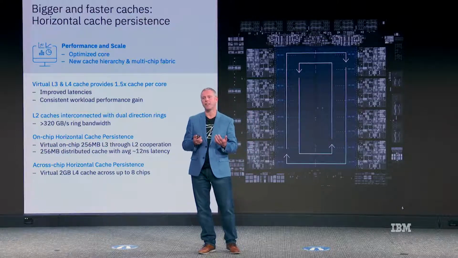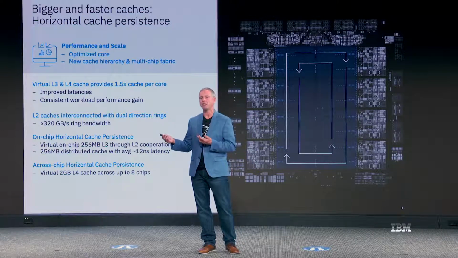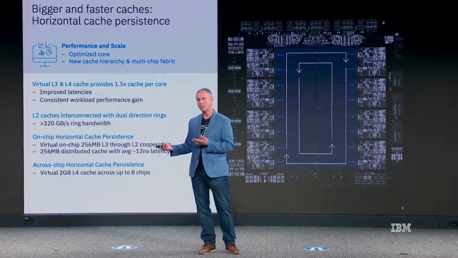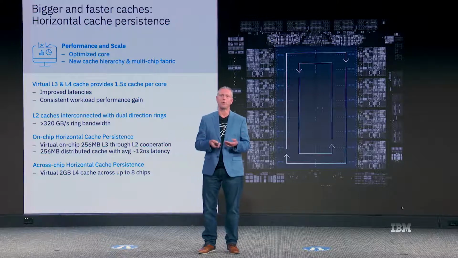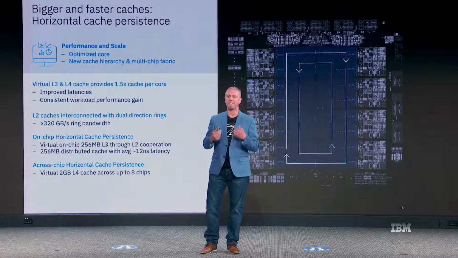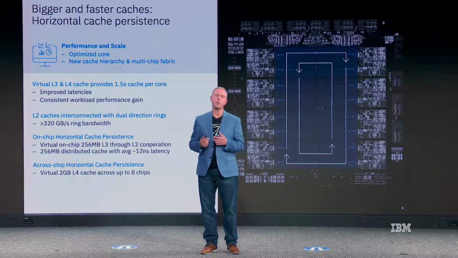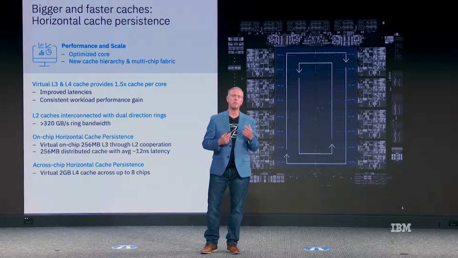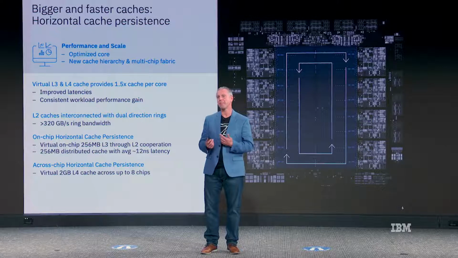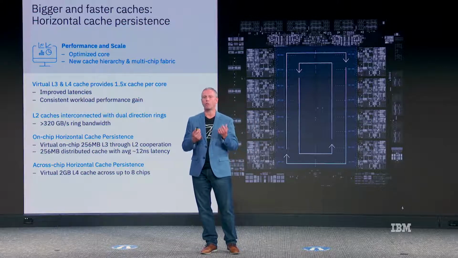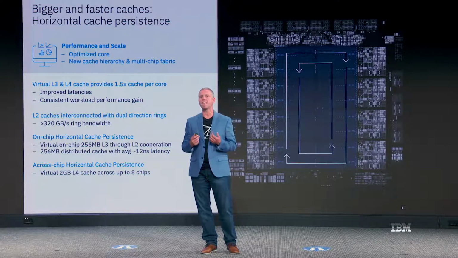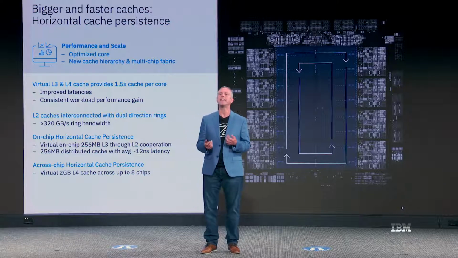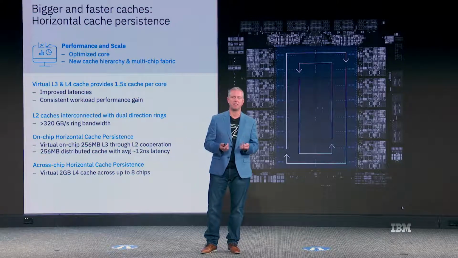Now, I mentioned the shared level 3 and level 4 caches that we had on the Z15 generation. On the Telum generation, we don't have those as physical caches anymore. Instead, we are building virtual level 3 and level 4 caches from the private L2 caches. And overall, we can provide 1.5x the cache per core at improved latencies compared to Z15.